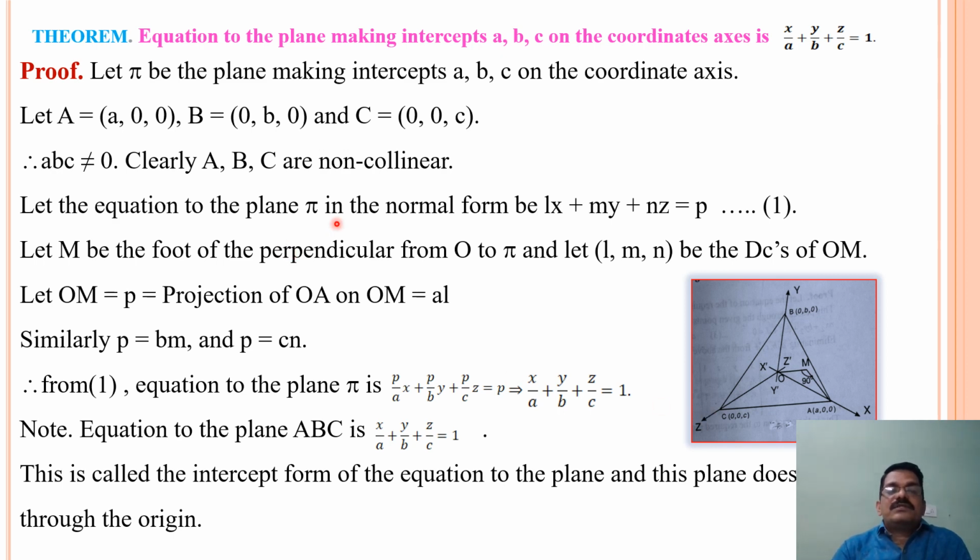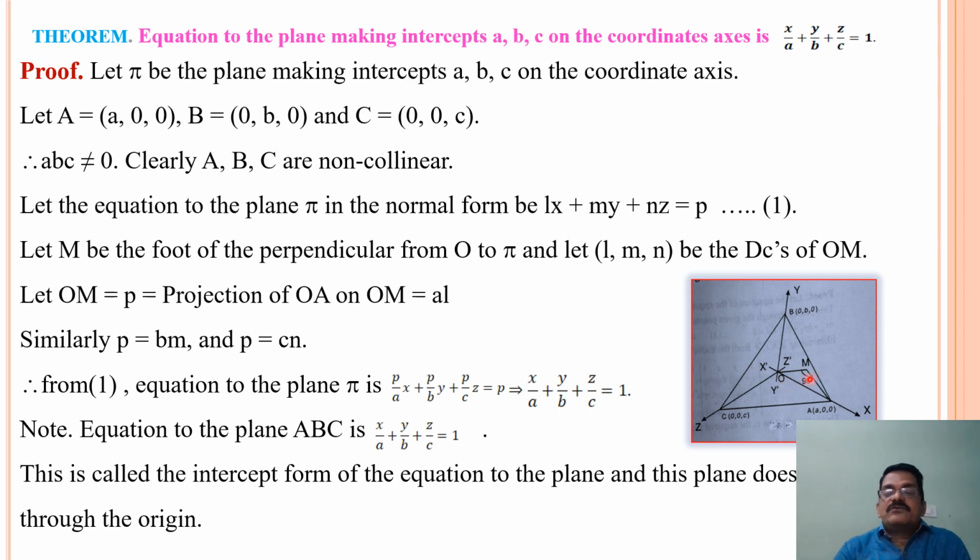Let the equation to the plane pi in the normal form be Lx plus My plus Nz is equal to P. Let M be the foot of the perpendicular from the origin O to the plane, and let L, M, N be the DCs of OM.